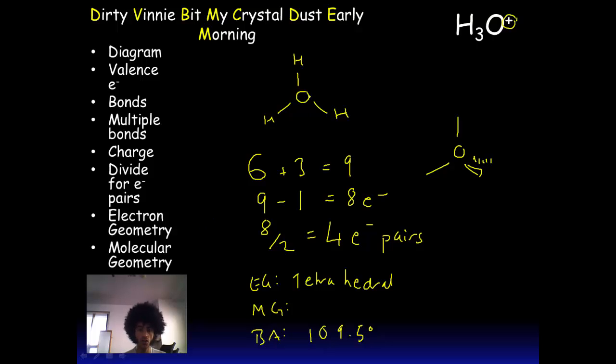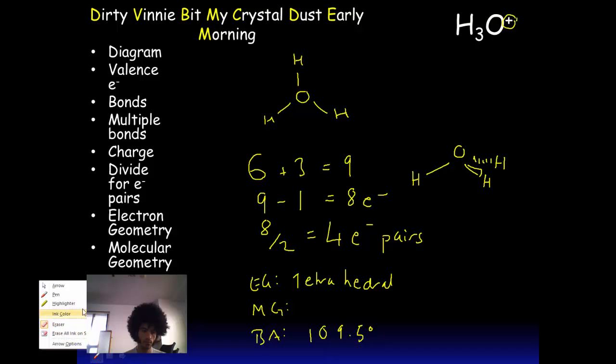Now I've got 3 hydrogens to deal with, so I'm going to put 1 there, 1 there, and 1 there. Okay, which leaves this. Now this has to be a lone pair of electrons if it's not bonded to anything. So I'm just going to put 2 dots there, or if you'd prefer, you can simply rub that off and just put a line there, or 2 dots, whichever you prefer.